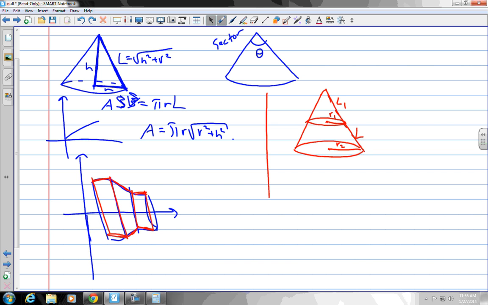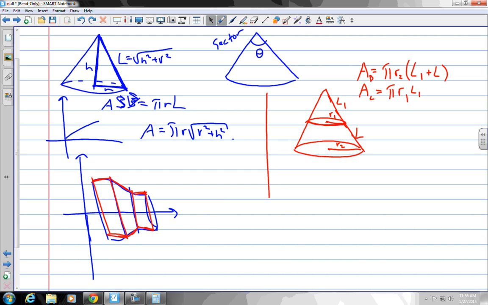So the surface area of the actual cone is going to be pi r2 times the length of the side, which is L1 plus L. And the surface area of the little one is going to be pi r1 L1.